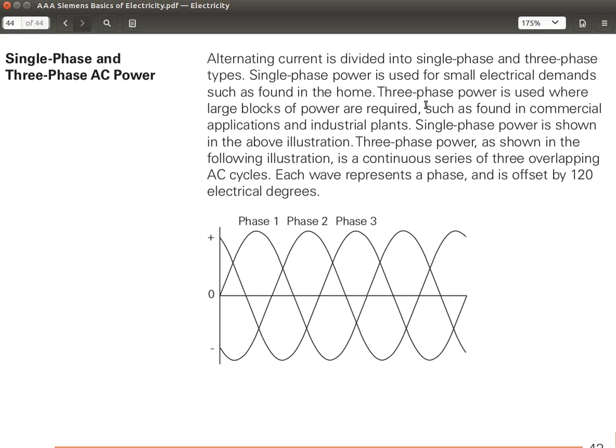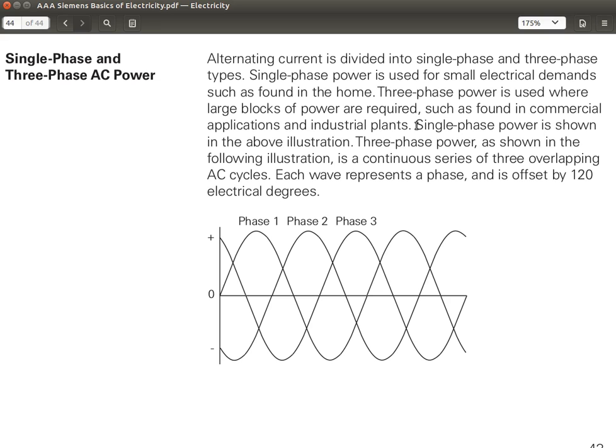Now, 3-phase power is used where large blocks of power are required, such as found in commercial application and industrial plants. So in factories and large buildings such as hotels, you might have three-phase power going to them. You can identify three-phase power from the fact that you will have 4 conductors going in.